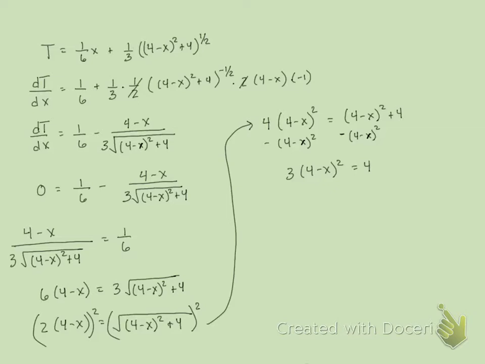And I'm trying to isolate this 4 minus x squared to give me 4/3. And now I can take the square root of both sides, and I will get 4 minus x equal to plus or minus the square root of 4/3.